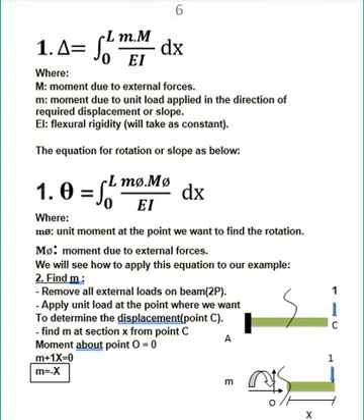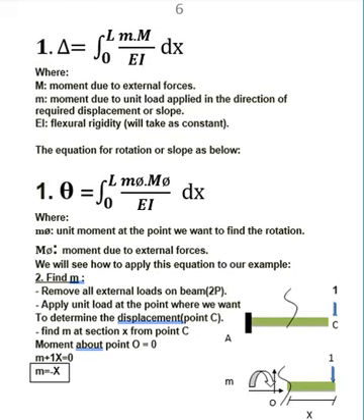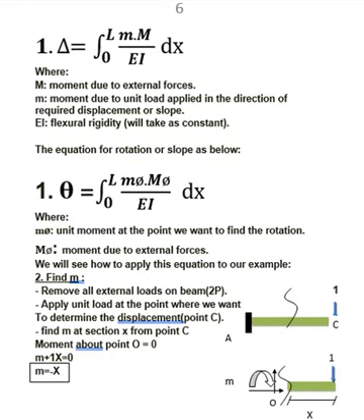Equal to the integration from 0 to L, the length of the beam, of m small, the moment due to the unit load applied in the direction of the required displacement, as we will see in the example, times M capital, the moment due to external force, over EI, the flexural rigidity, taken as constant.